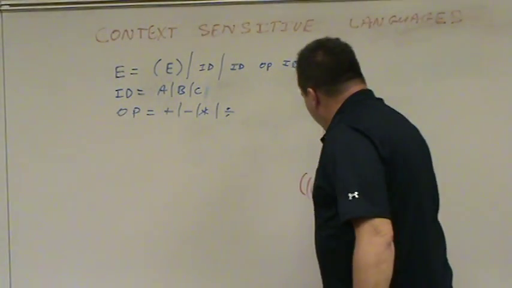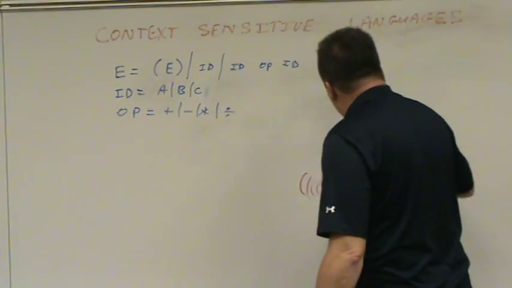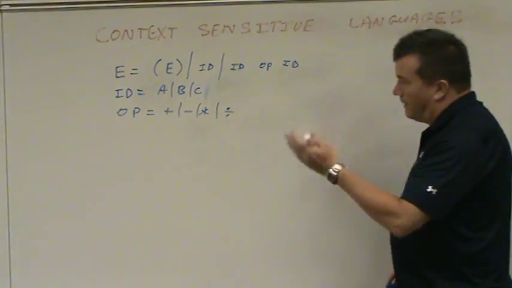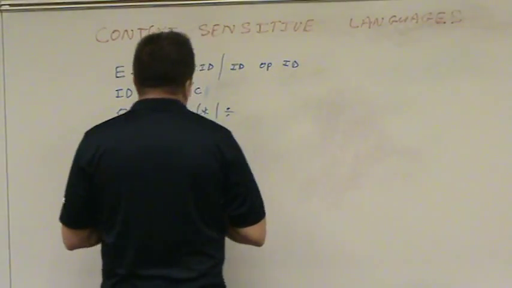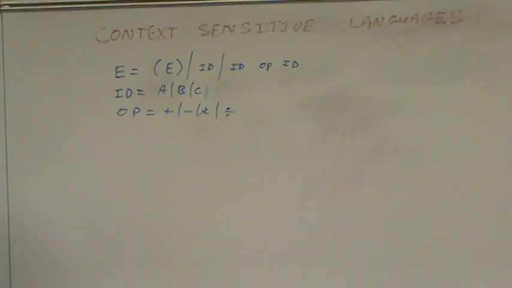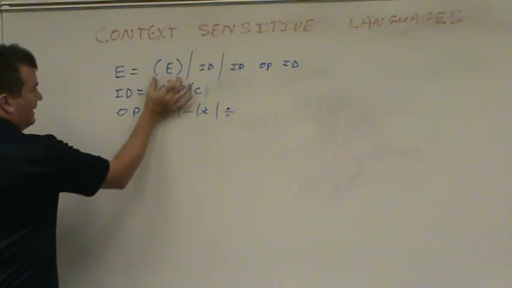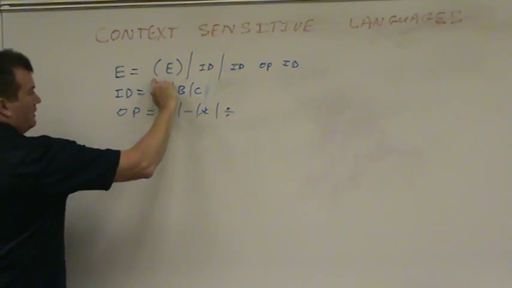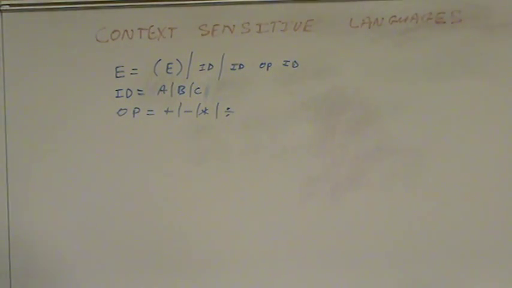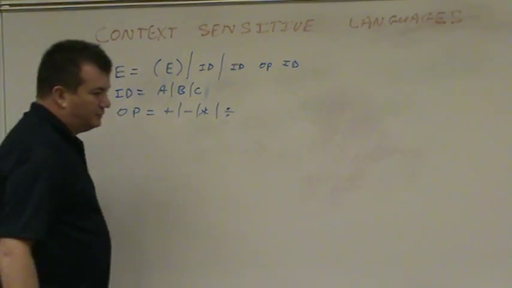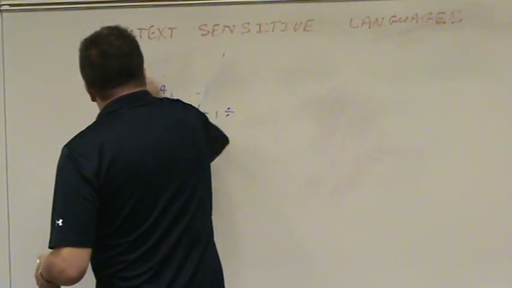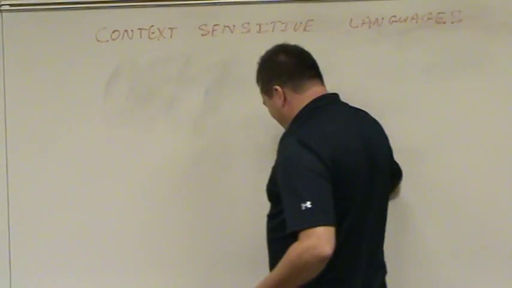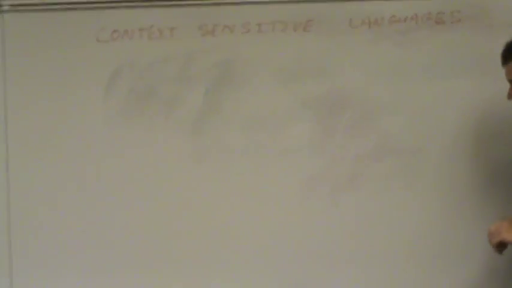So this ends up being a context-sensitive grammar, therefore a context-sensitive language. And what actually makes this context-sensitive is the fact that this open paren must correspond to this closed paren. That's going to force us to have to use a stack. So, again, we haven't started talking about today's topic, which is context-sensitive languages. We just want to kind of build towards that.